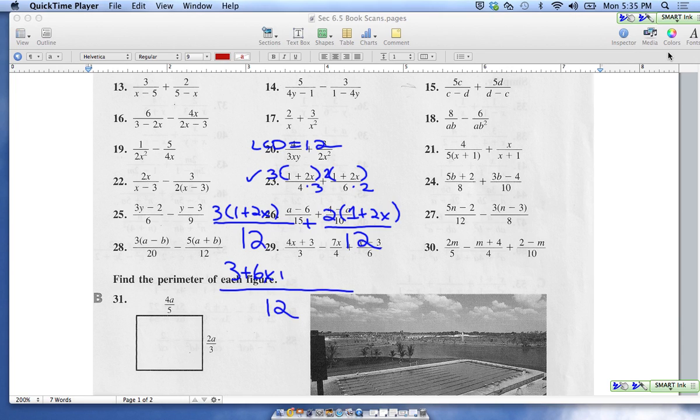And then I'm adding that to 2 plus 4x. And then I combine like terms, so that gives me 5 plus 10x over a denominator of 12. And I have no common factors, even though 5 and 10 share 5. Even if I rewrite it in its factored form, I'm left with this, and I can't simplify that any further, so that is as simplified as it can be.